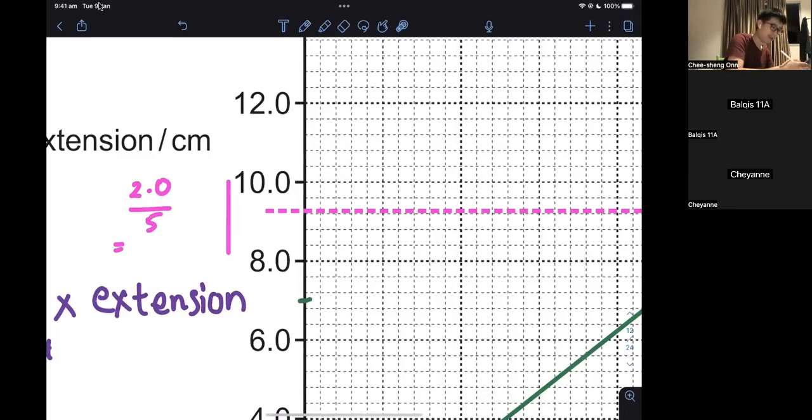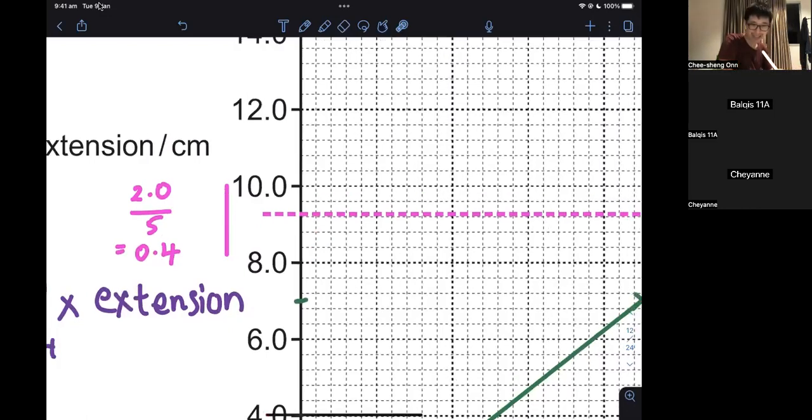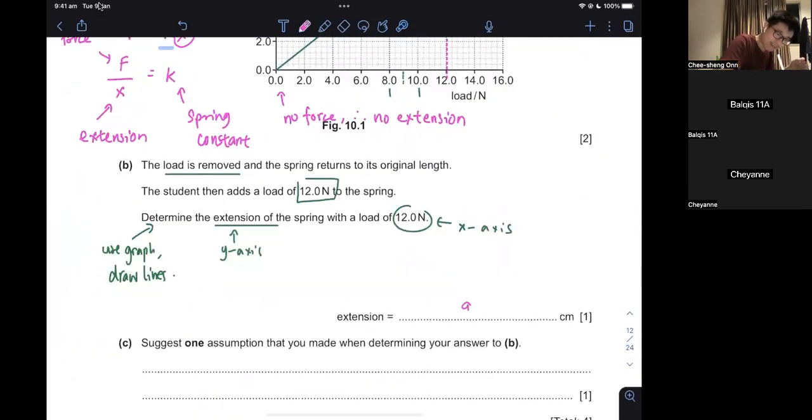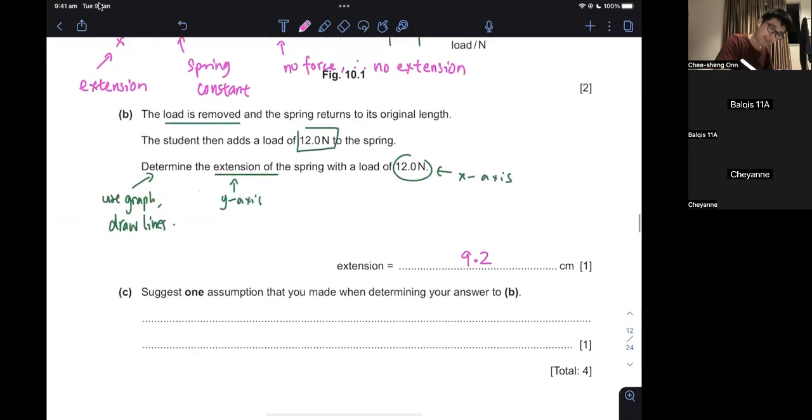What is the value of each box? It's 0.4. So how many boxes are you? 1, 2, 3. So you have 3 boxes above 8.0. 3 times 0.4 is 1.2. So it's 8.4, 8.8, 9.2. It's not 9.3, dear. Okay, it's 9.2. Of course, it depends on your own diagram, but you've got to be able to read very carefully from your own graph, yeah?